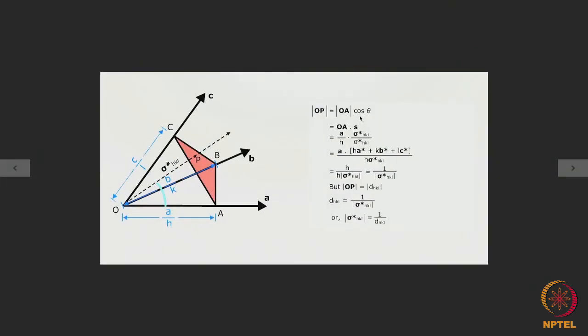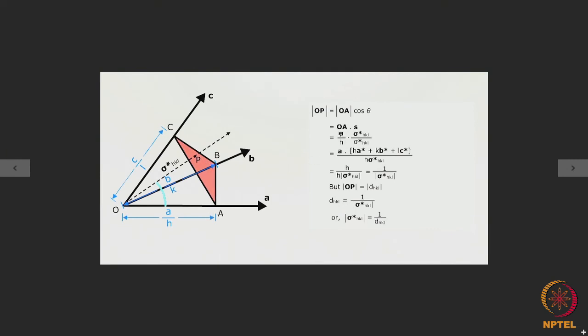Now, let this angle between OP vector and OA vector be equal to theta. Now, what is OP vector? You can write it as OA vector into cosine theta, from this right angle triangle.